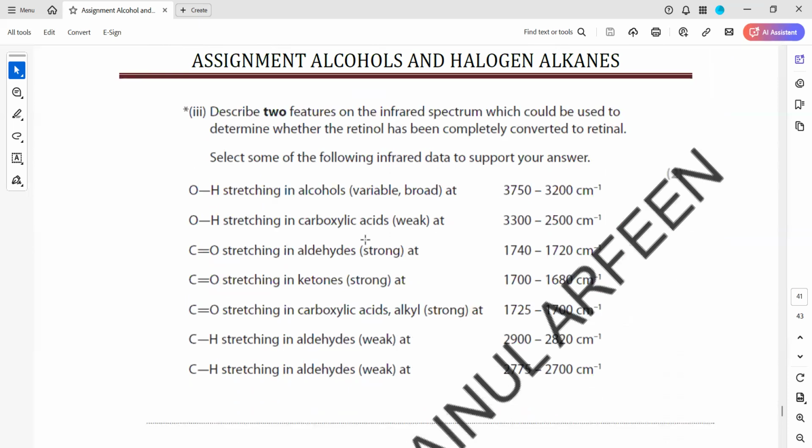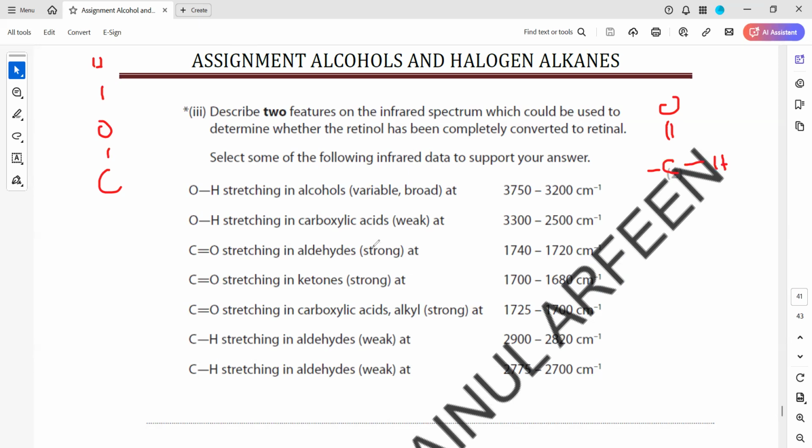The next is: describe 2 features in the infrared spectrum which could be used to determine whether retinol has been completely converted into retinal. So the retinol will have C-O-H bonds, but retinal will have C double bonded with O and H bonds. So how can we identify this?